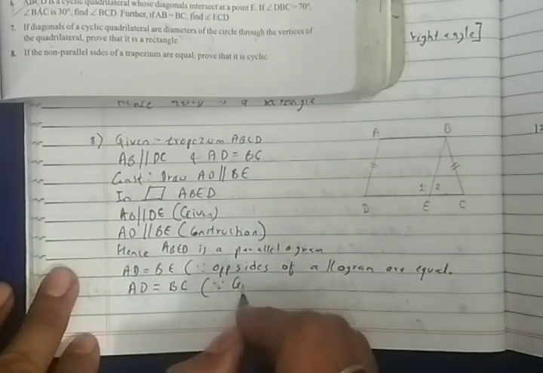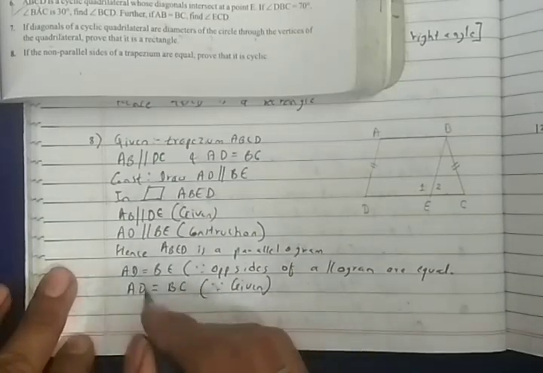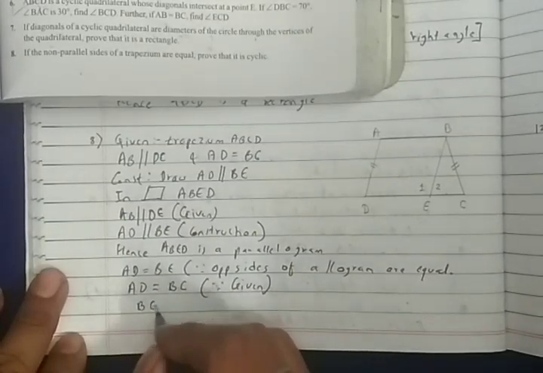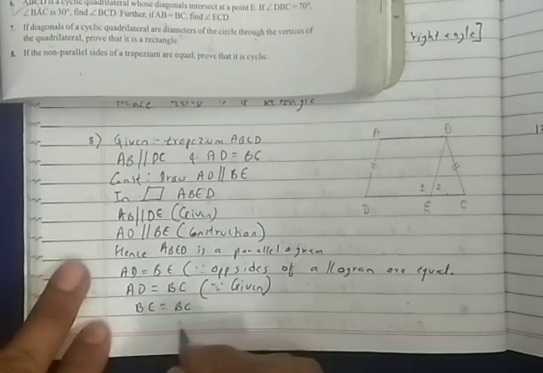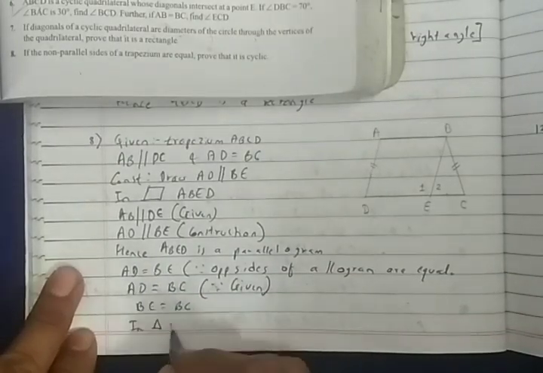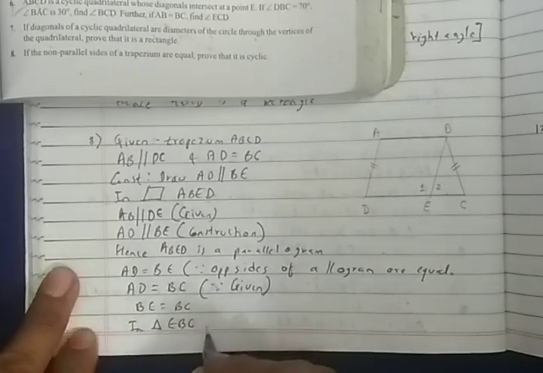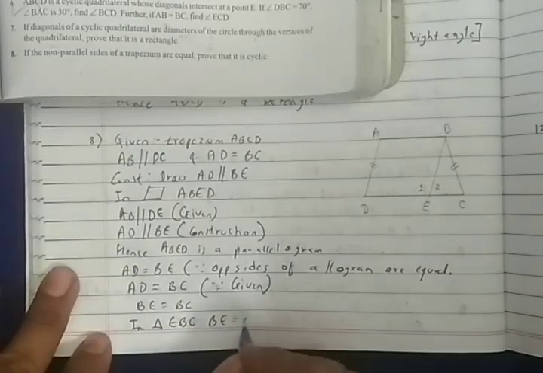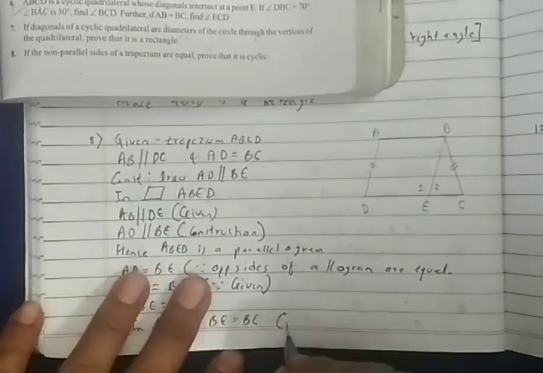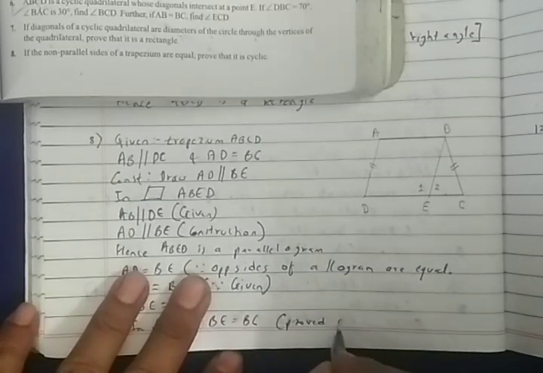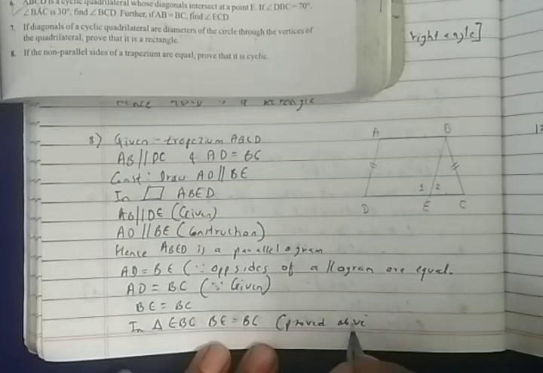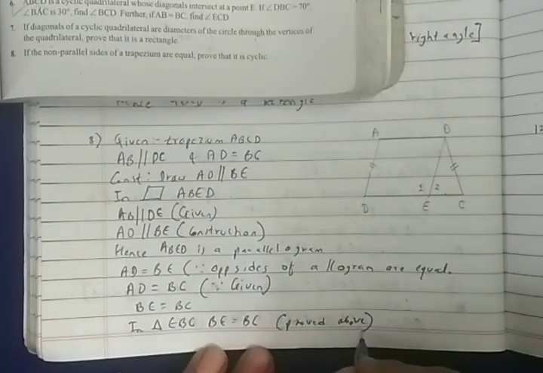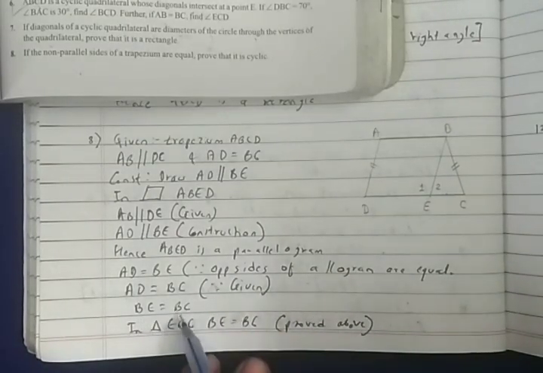So we can say that BE equal to BC from these two equations. Now in triangle EBC, BE equal to BC. This is proved above.